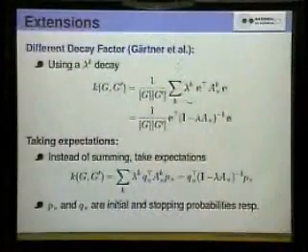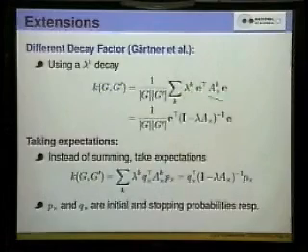So here, instead of doing a lambda to the k over k factorial decay, if you just do a lambda to the k decay, and again you have to choose lambda appropriately based on the spectrum, then you can just write out the geometric series, and then you would have to invert this matrix, right? And then sum over the entries and then normalize.